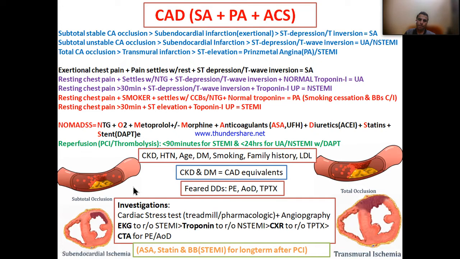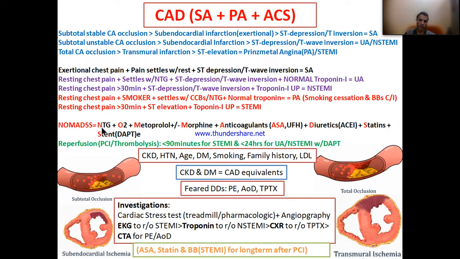Now, this is a kind of mnemonic for the treatment of coronary artery disease, which means that if a patient with coronary artery disease is there, you will follow this medication protocol.